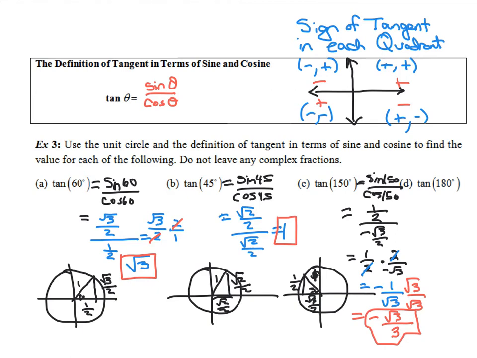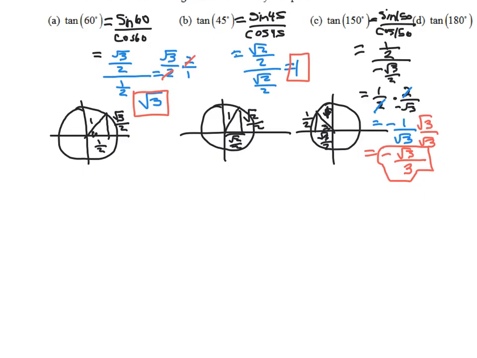I'm going to go a little bit lower here and do tangent of 180 so that I can draw my unit circle. So for 180 degrees, let's make our unit circle, but this one's a quadrantal angle. So finding the ordered pair at 180, I know that that ordered pair is negative 1, 0.